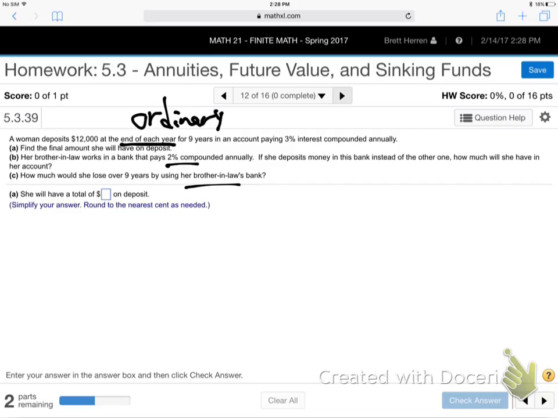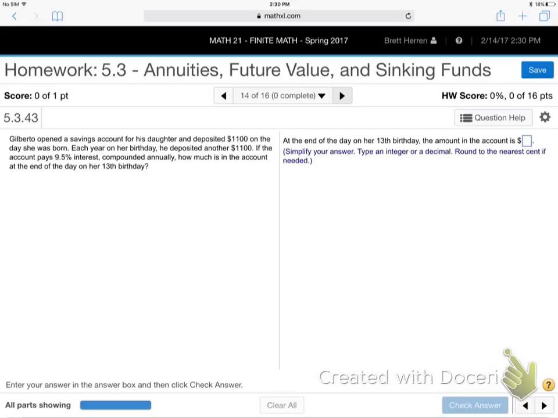And then part C just means subtract A minus B. The answer from A minus the answer from B, like how much more would she make with the 3% account than the 2%? That's all it is. It's like 2 problems in one, then subtract them for part C. So I'm going to move on. That may get a little tricky here.